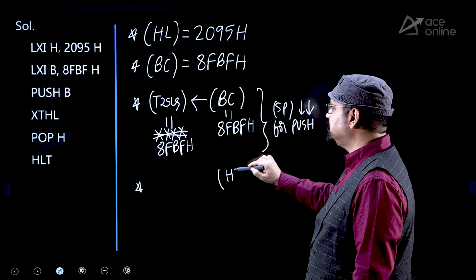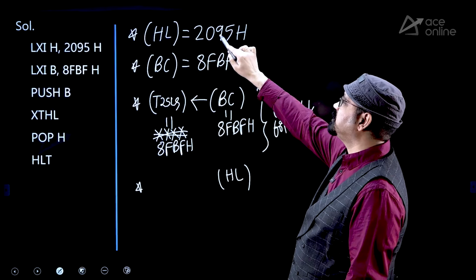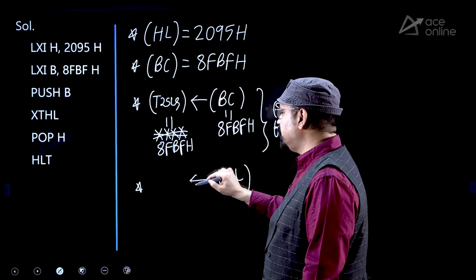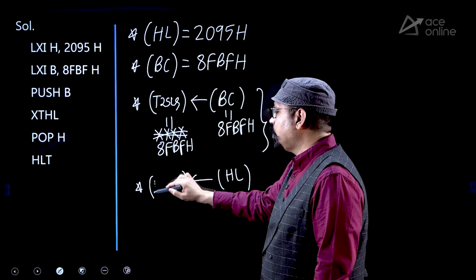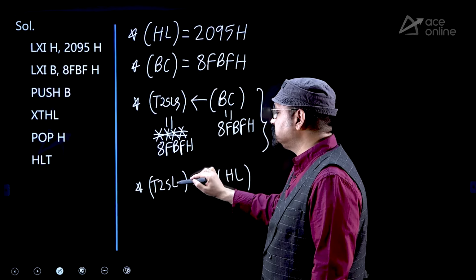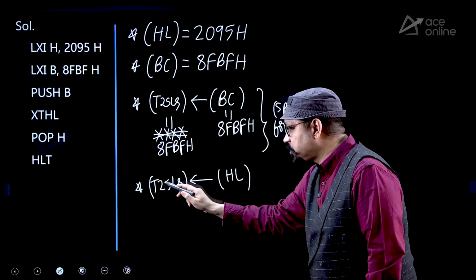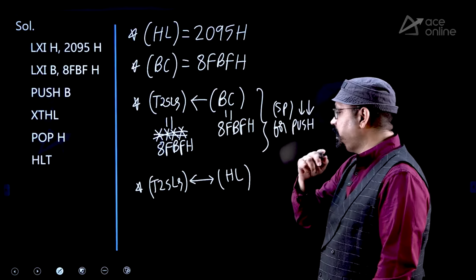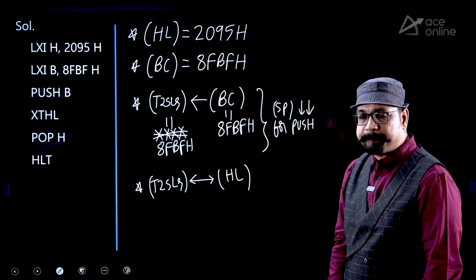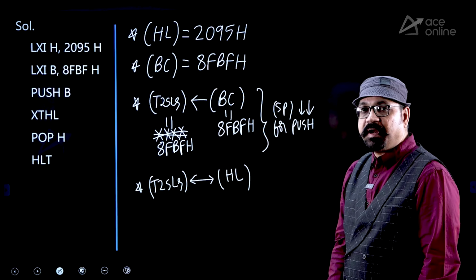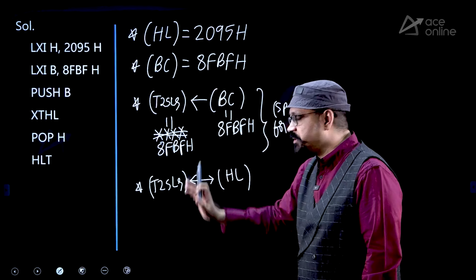So I am writing here HL pair content, which got initialized with 2095, is going to go into top 2 stack locations, that is pushing, and whatever is there in top 2 stack locations is going to be retrieved back into HL pair. That is popping, this is popping, that is pushing.